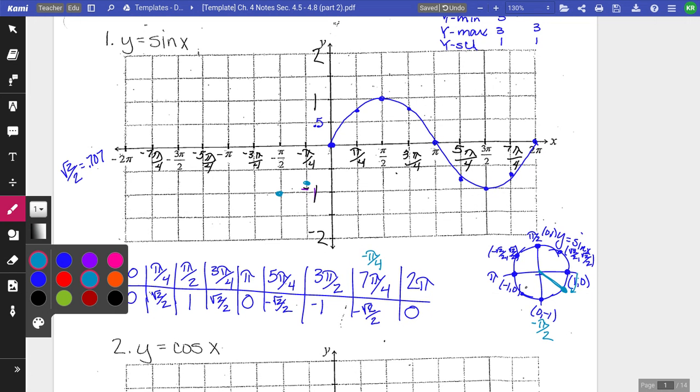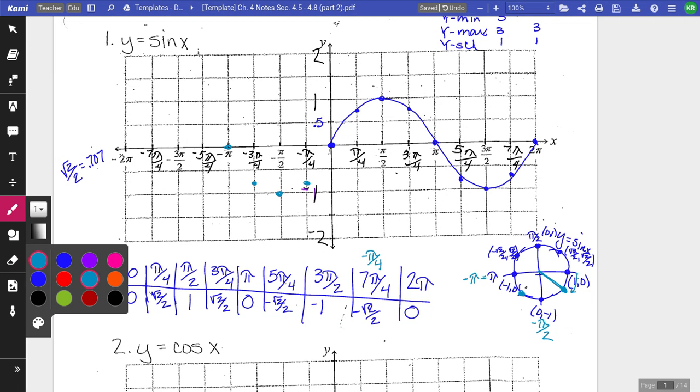Negative 3 pi over 4 is going to be around here. This is also going to be negative root 2 over 2. So about right there at negative pi, we are halfway around the circle. Negative pi is the same coterminal angle as positive pi, so that y value is 0.